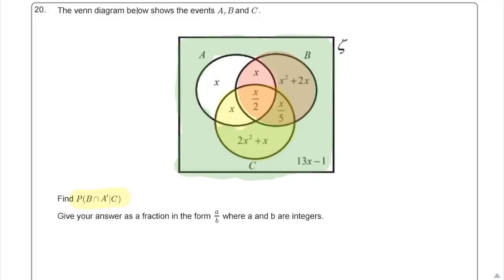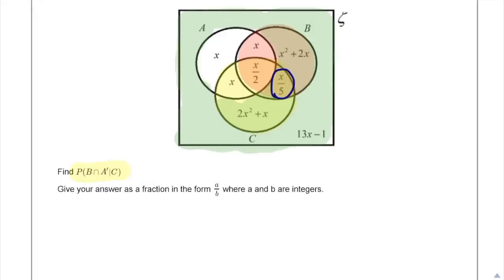So that is not A. Now it's quite hard to see, but the intersection of B and not A given C is this region here where we've got x over 5. So what we're saying is the probability of B intersects not A given C is x over 5.